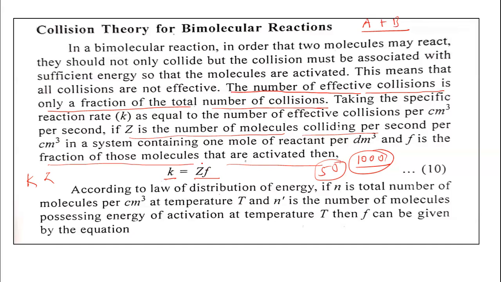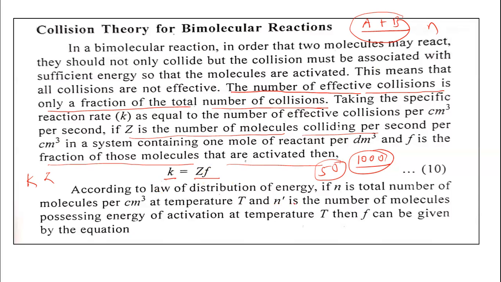According to the law of distribution of energy, suppose N is the total number of molecules per centimeter cube at temperature T. We have taken N number of molecules for the reaction.